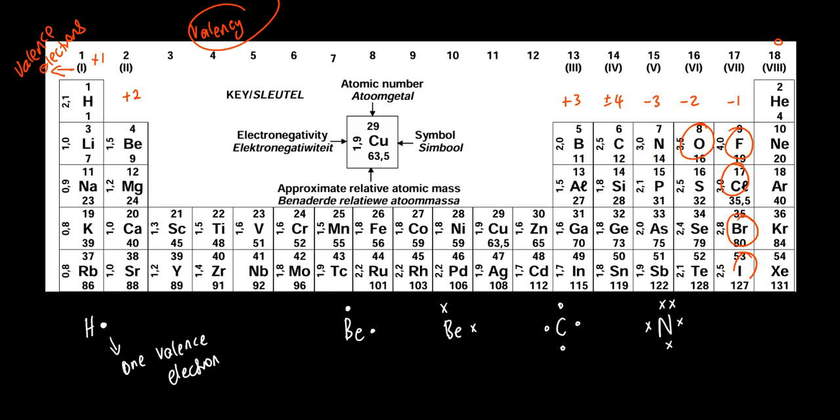Okay, so an exception is helium. You can't say helium has 8. Helium has only 2 valence electrons, meaning when you write for helium, it's gonna be 1, 2, and it's fine. And usually for helium, we show it like this.